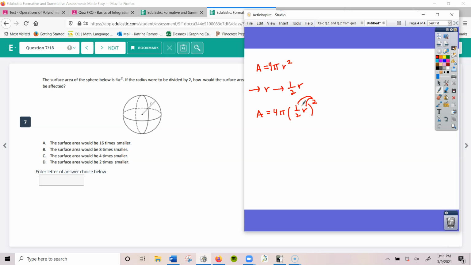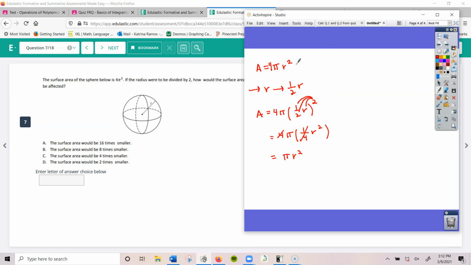When you're applying an exponent to a fraction, you apply it to both the numerator and the denominator. So this would give me 4 pi times 1 over 4, because 1 squared is 1 and 2 squared is 4, r squared. Now this 4 and this 1/4, that's like saying 4 divided by 4, which cancels. So we're left with pi r squared.